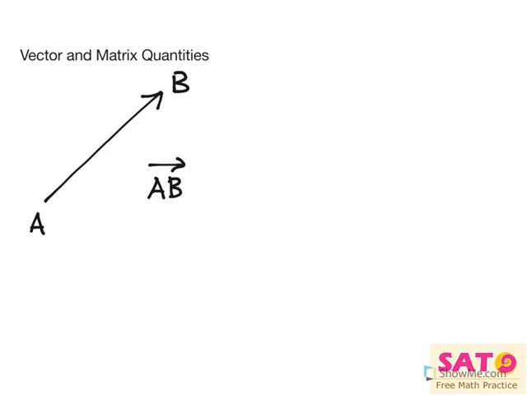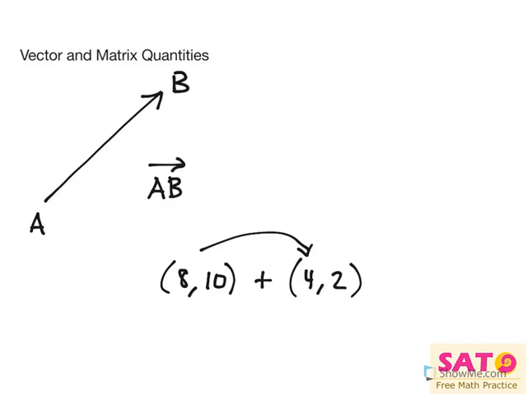Let's say the length of this vector would be, let's say, 8 and 10. And we're trying to add it with another vector, which is 4 and 2. If you add them together, we have to add each one to each one. So these two would add together, and these two would add together, and we would get 12, 12.